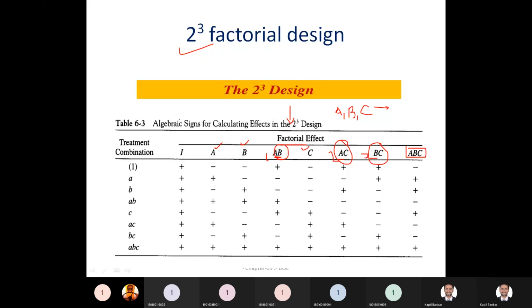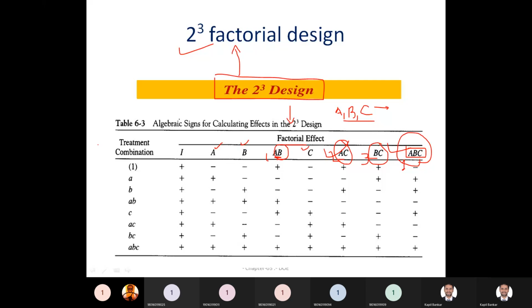Three two-way interactions and one three-way interaction, that is ABC. So the combination of main effects, two-way interaction effects, and the three-way interaction effect makes up the 2 raised to 3 design, and that is also known as the 2 raised to 3 factorial design.